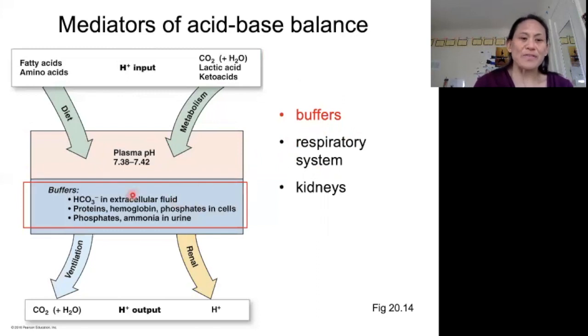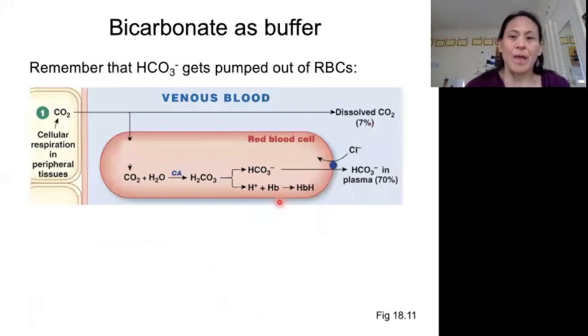All right, so buffers are shown right here in this box. Okay, so we have a series of buffers in our plasma and in our extracellular fluid that buffer changes in pH. Okay, the main one is going to be bicarbonate, but we also have others: phosphates, protein, hemoglobin, etc. Okay, but let's focus on bicarbonate.